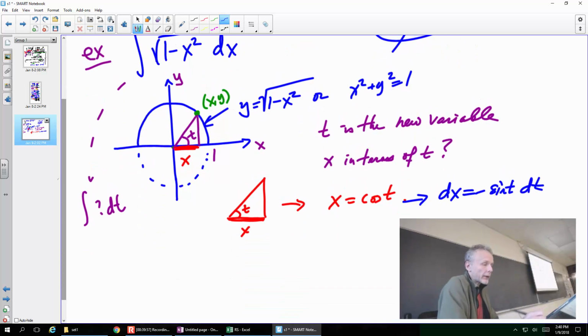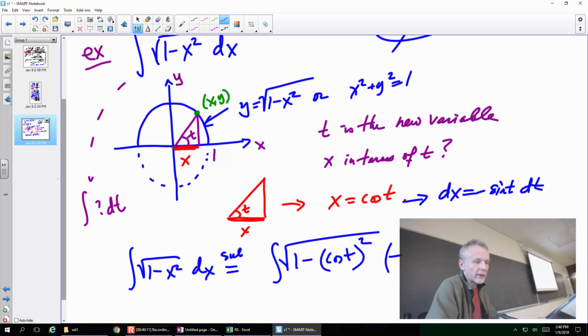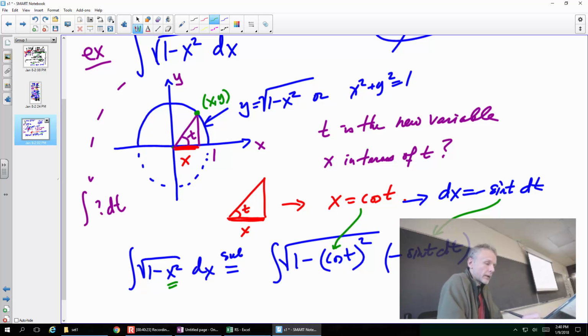Whenever we're doing the second part of the substitution, we're going to need this. So we're taking our integral again, the square root of 1 minus x squared dx, and substituting: integral of the square root of 1 minus cosine t squared, and dx is negative sine t dt. So one substitution, the other substitution. x here, dx there.